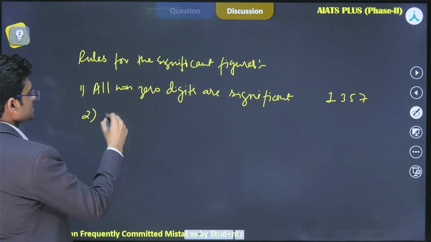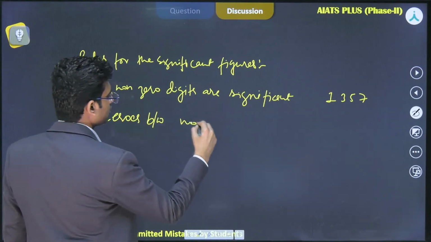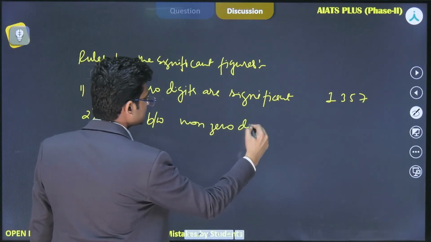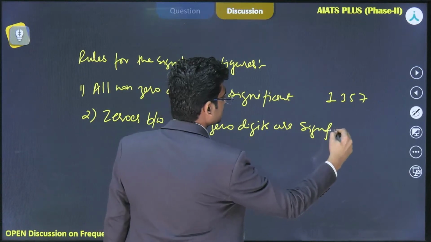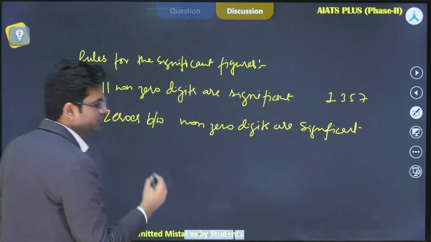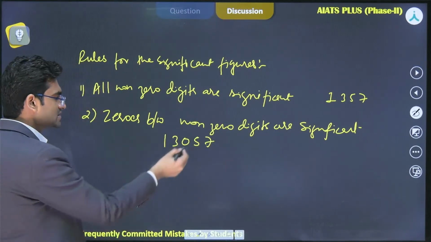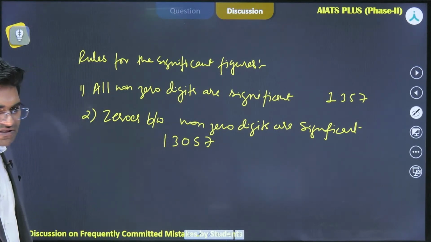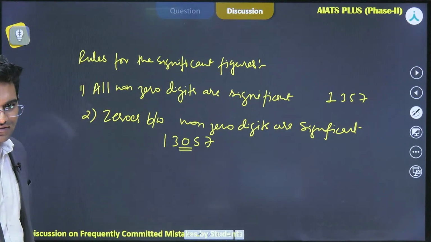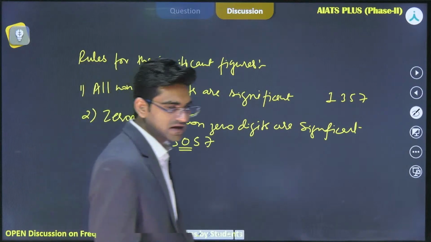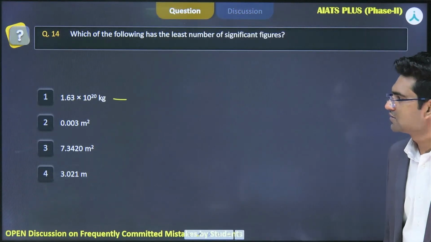The second rule says zeros between non-zero digits are significant. So if I write one number as 13057, since this 0 is between two non-zero numbers, this 0 will be significant. Students are giving me the answers. Okay, the answer is 3.